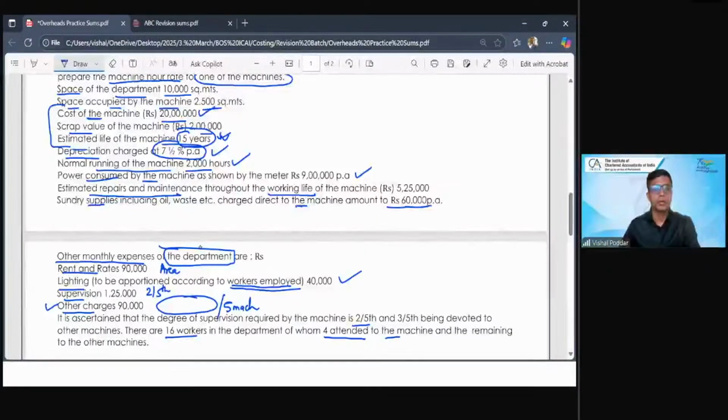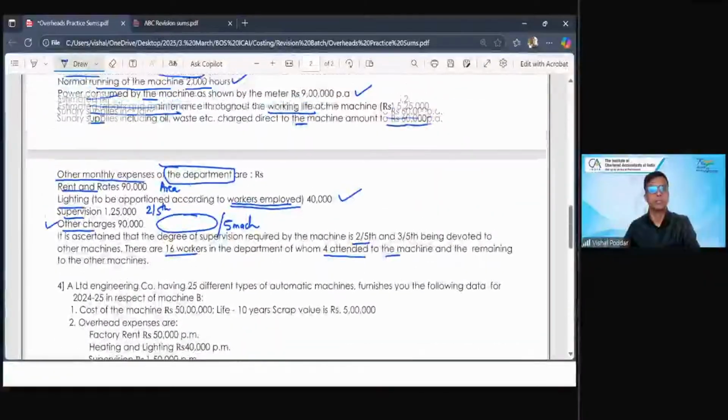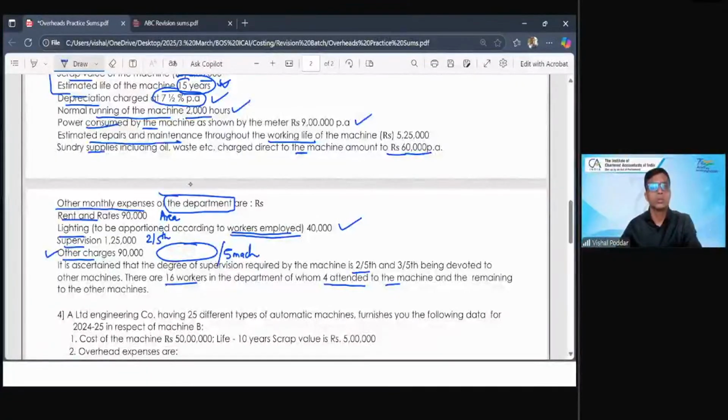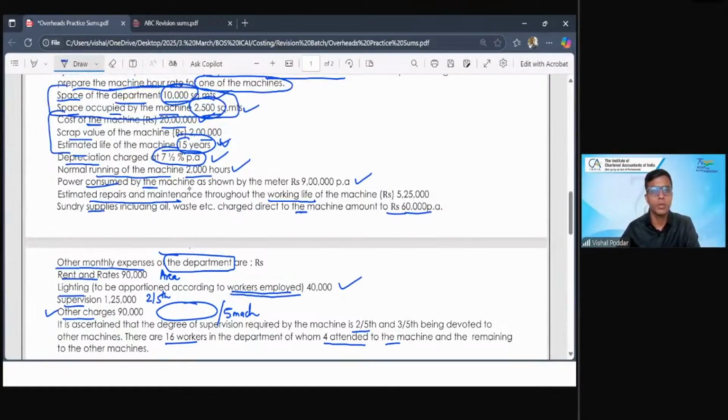Now rent rates. Now this is given for the department. Now if it is given for the department, we have to find out for the machine. For this, we use this area. So total area is 10,000, out of which 2,500 is for this machine. So rent rates 90,000, 2,500 out of 10,000.